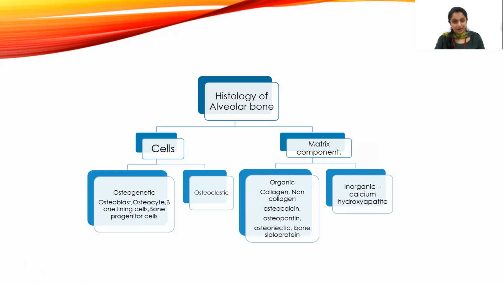Inorganic forms the calcium hydroxyapatite, and the organic forms the collagen, non-collagenous proteins like osteocalcin, osteopontin, osteonectin, bone sialoprotein, etc. So these osteogenic cells and osteoclastic cells play a major role in alveolar bone remodeling. In various physiological as well as pathological conditions, a major role is played by the osteogenic cells as well as the osteoclastic cells. So I will come into that in detail.